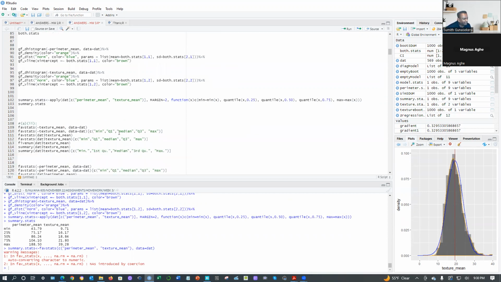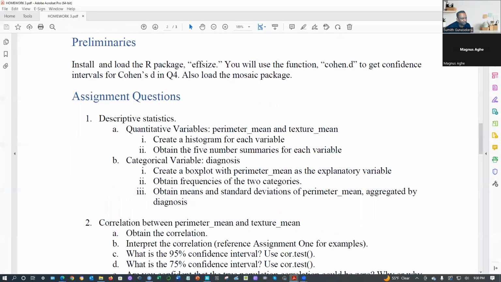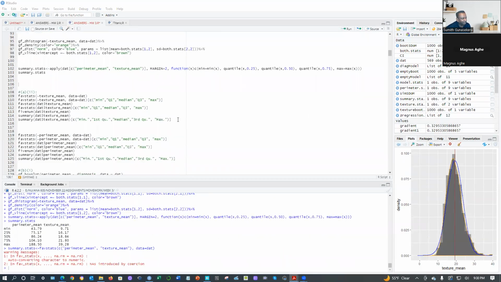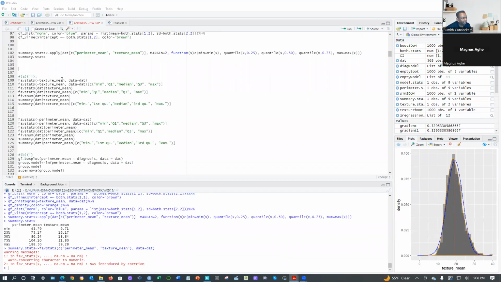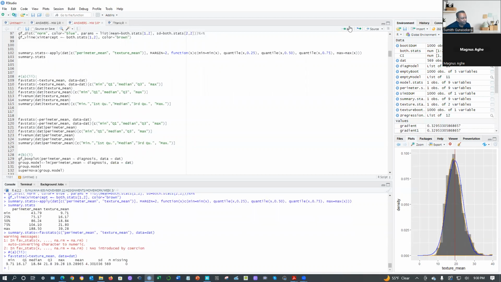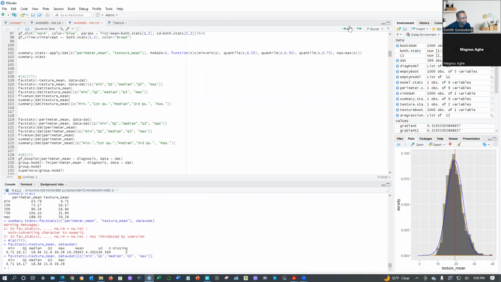They're going to ask about the same thing later in question number 2: obtain five-number summaries for each variable. If I go to part A, second one, you can get it several ways. You can get the full set or narrow down to whatever you want. You go to favstats with a tilde and texture and then the data, or data and variable.